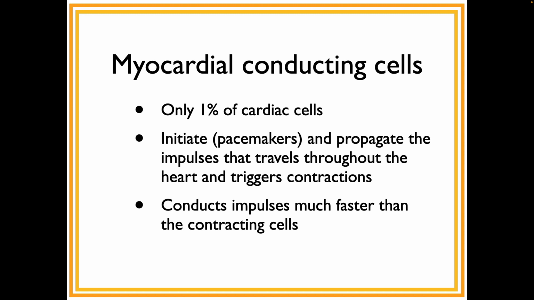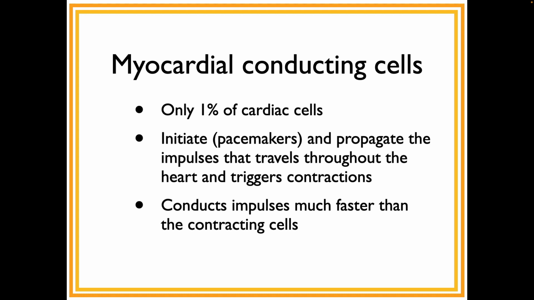The conducting cells are only 1% of the cardiac cells, but in this class, those are the ones we're most interested in, because we're interested in ECG, we're interested in electrical activity, okay? They have various jobs. Number one, they initiate the electrical impulses that go through the heart. So they act as pacemakers.